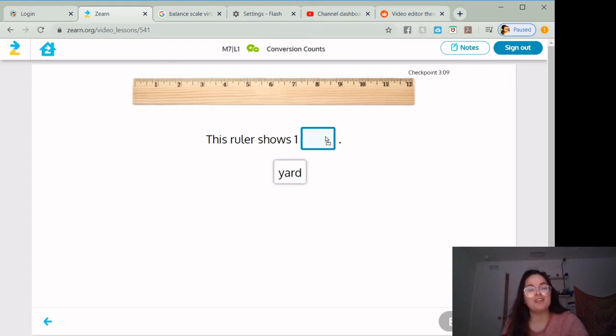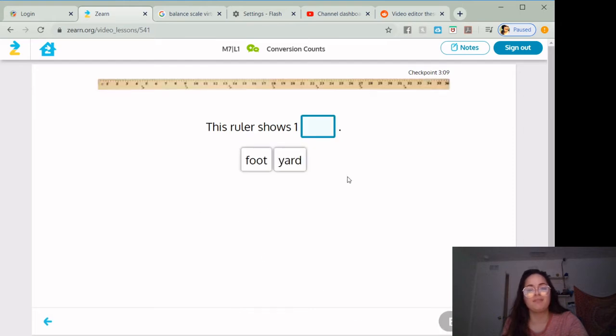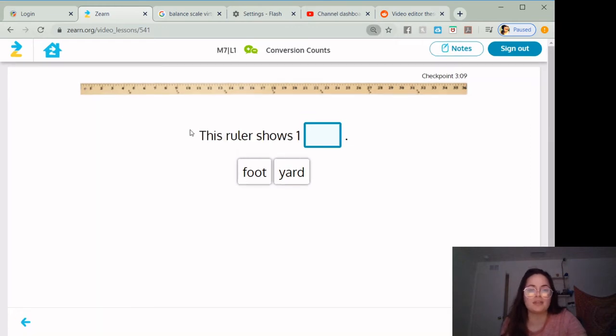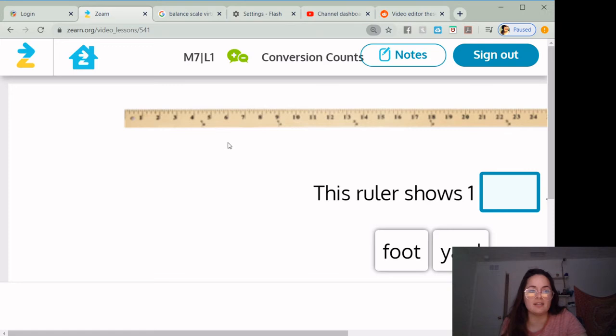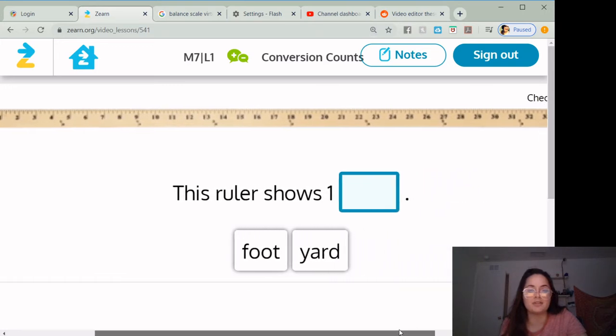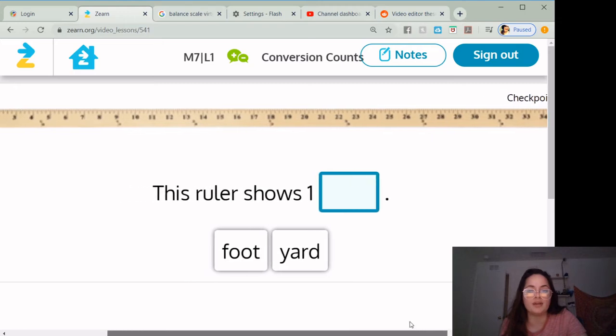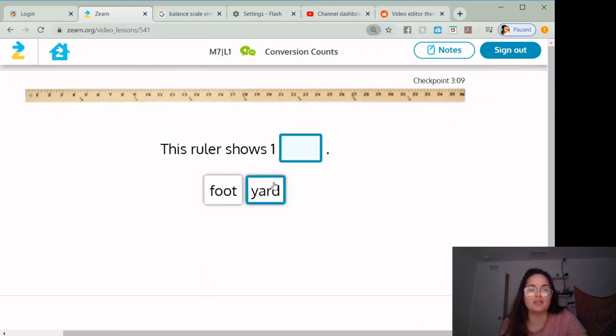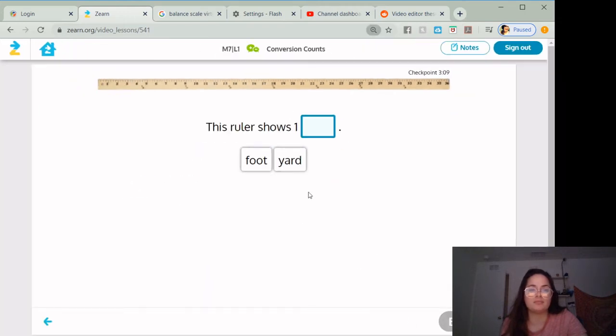If you said 1 foot, then you would be correct, and we are. Now, what about this ruler? I want you to notice, I'm going to zoom in here, look how many inches are shown here. So what ruler does this show? If you said 1 yard, then you would be correct.